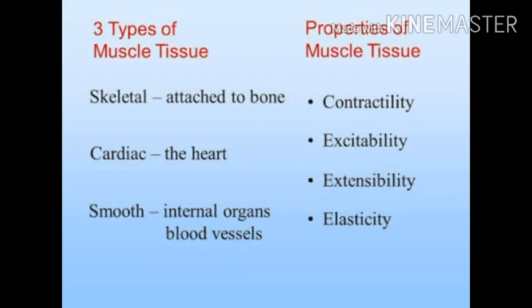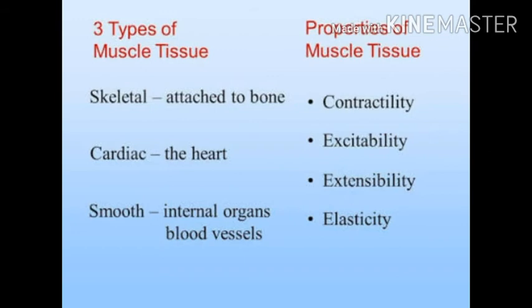They are extensible, meaning they can increase in length, and they are elastic, which once again shows the fact that they can contract and relax. The main function of muscular tissue or muscles is movement. They are responsible for movement of different parts of the body, and they also help in locomotion.